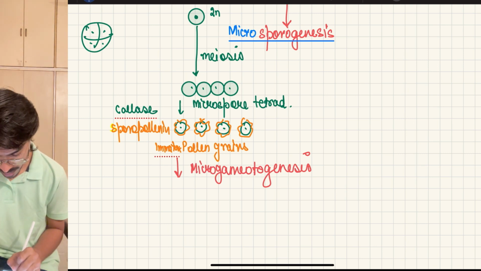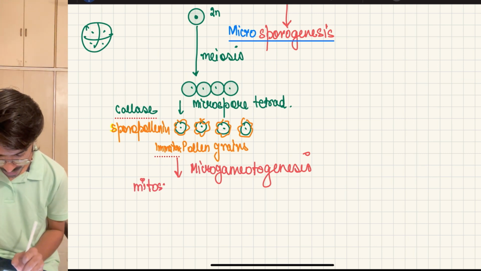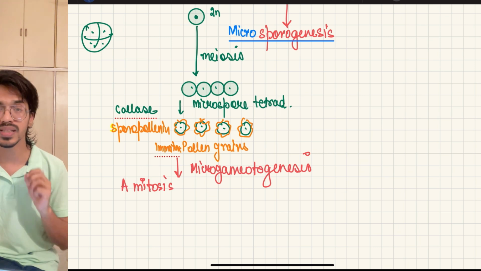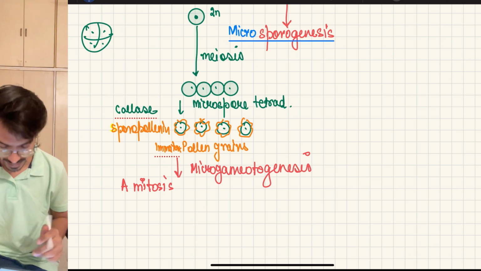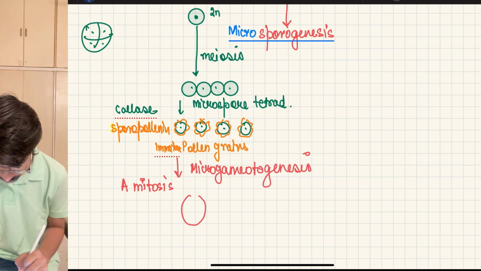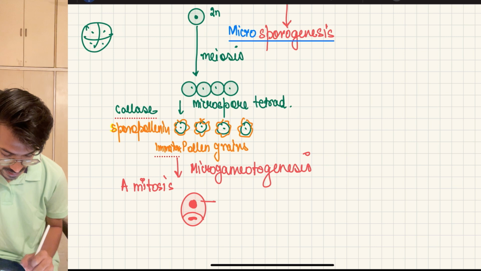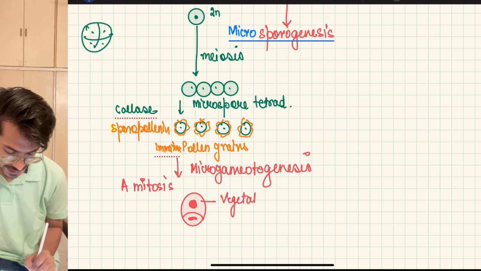So what will happen? Mitosis will occur, and this is an unequal division, so 2 cells will be formed, which are unequal in size. So I am making it a little bigger over here. Okay, so this bigger cell is there with a bigger nucleus, and a smaller nucleus with a spindle shape. So this upper cell is what? Vegetative cell.